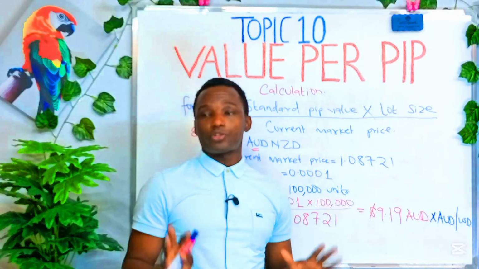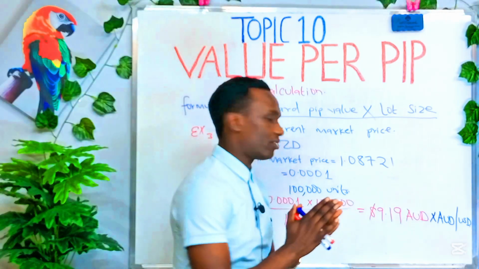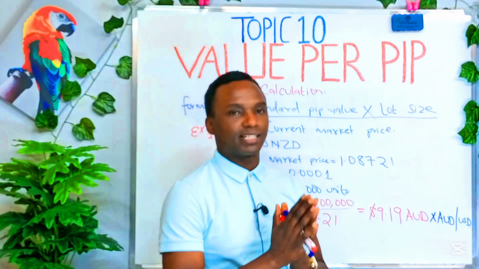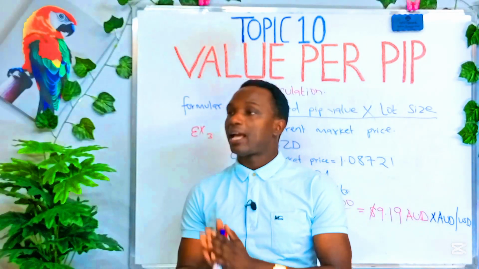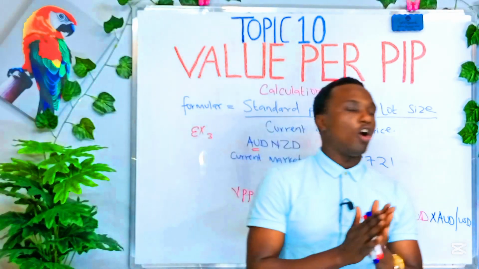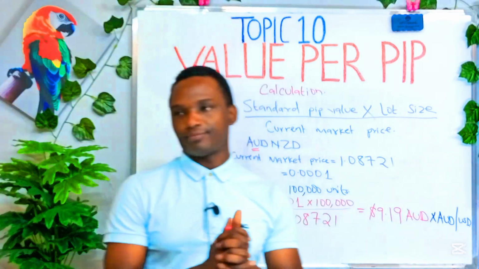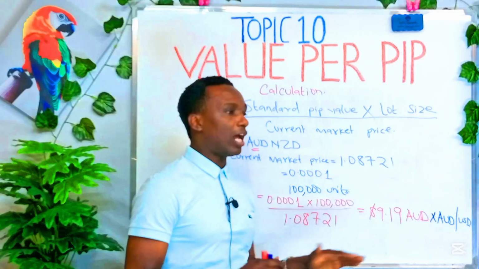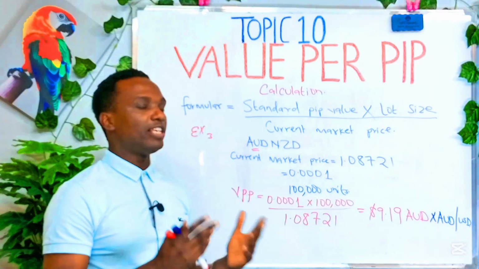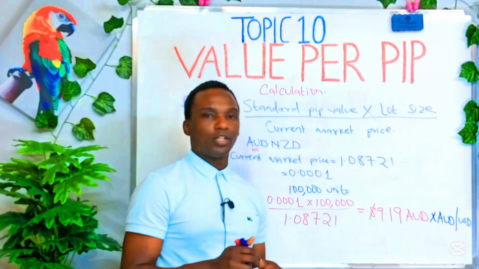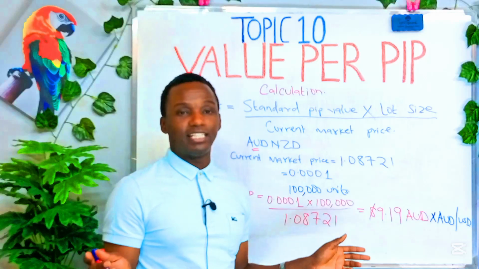Good. It is very important to note that value per pip is not static. All right? It is not static. It changes depending on the currency pair, commodity or indices that you are trading. Please go and do a lot of homework on this. Take all of your pairs, the EJ, GU, AUD, JPY, commodities, and even indices.